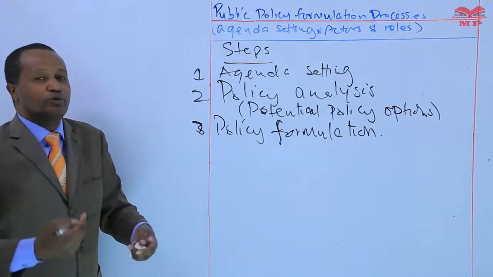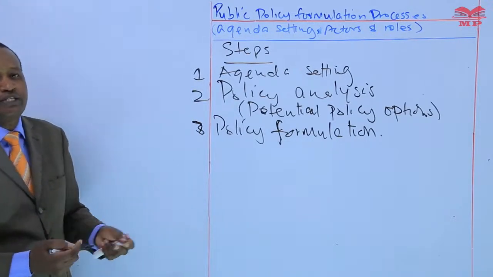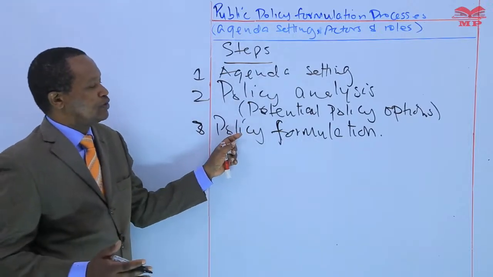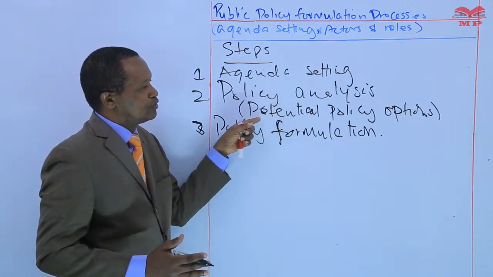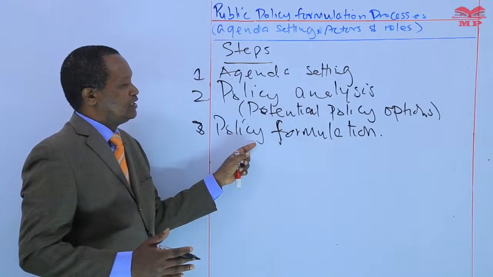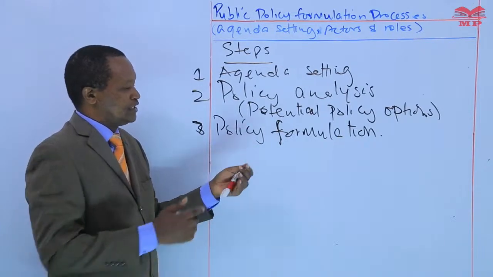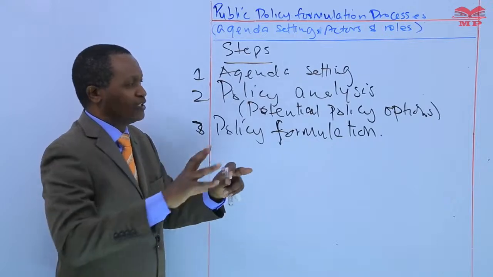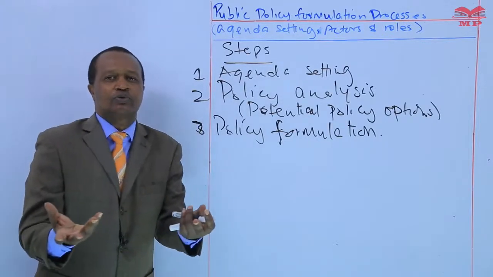Based on the results of policy analysis, the policymakers develop and refine specific policy proposals. Because here the government deals with different policy proposals or options. So in formulating policy, it may have various options which can be refined into one proposal.